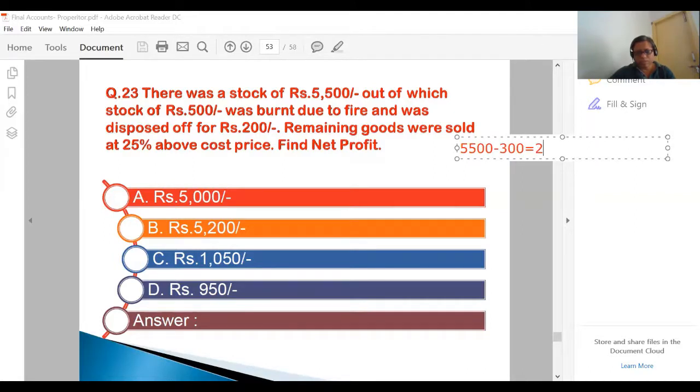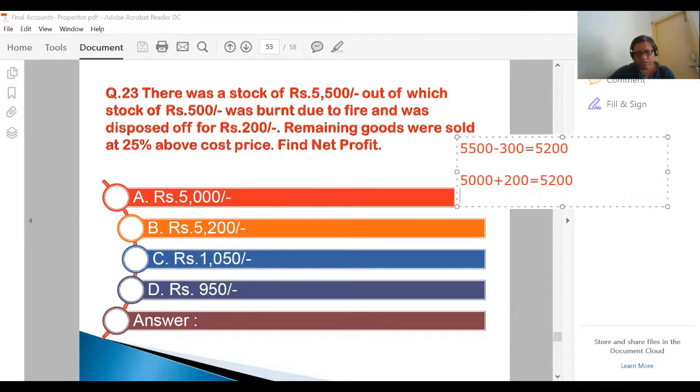So the balance stock is 5,200. Or you can put it like this: 300 loss, so I have 5,200. How is the 5,200? I have 5,000 plus 200. That will give us 5,200.